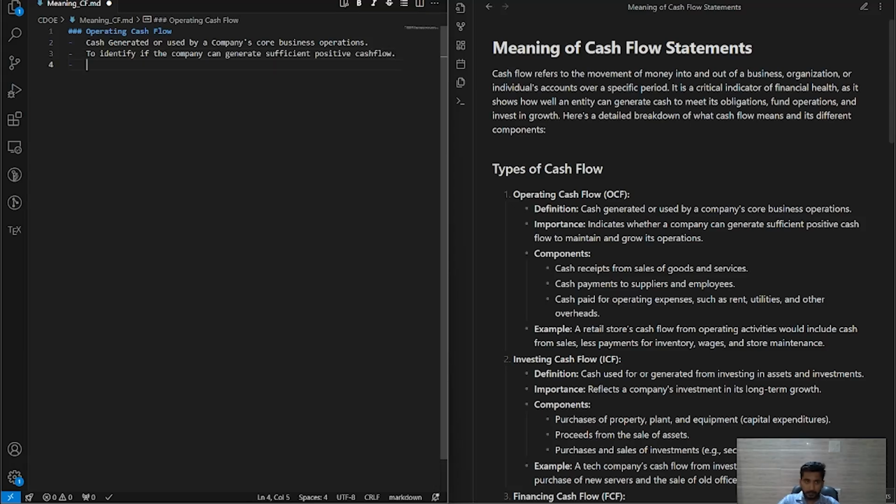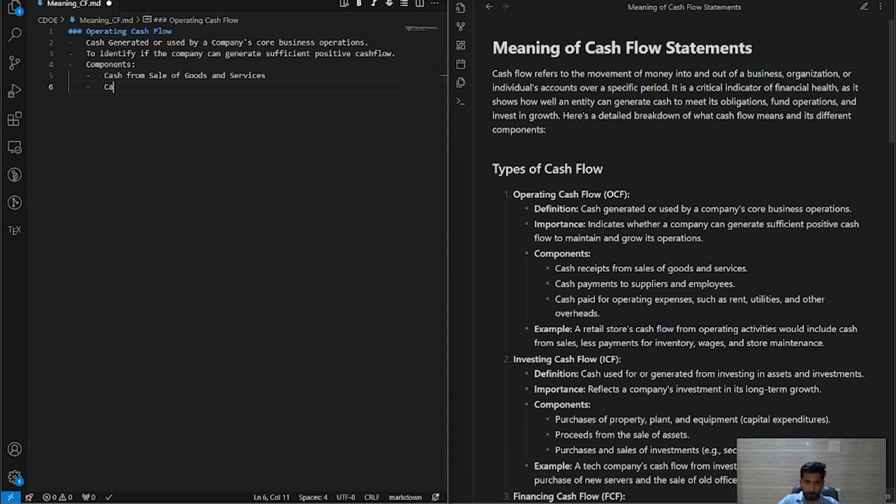If we talk about its components, number one, cash from sale of goods and services.